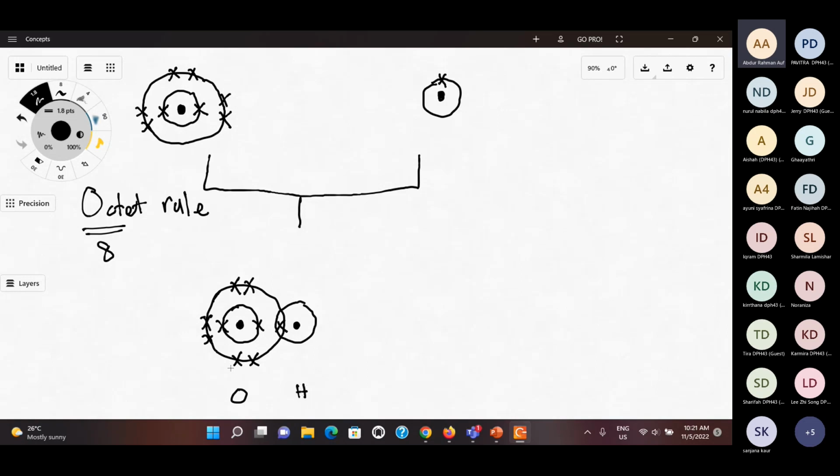This oxygen has 1, 2. Let me change the color so that you can see.